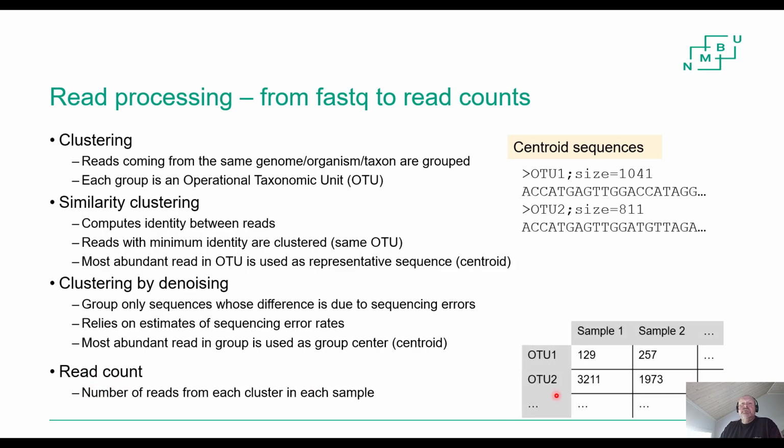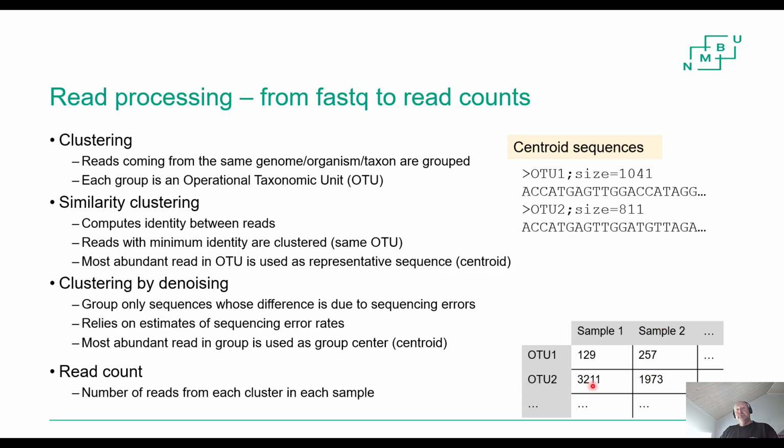And the read counts we typically organize in a table like this, where we have one column for each sample and a row for each of these groups, OTUs, clusters, right? And the numbers here refer to the number of reads. So this group is represented with 129 reads in sample 1, but 257 reads in sample 2, and so on.